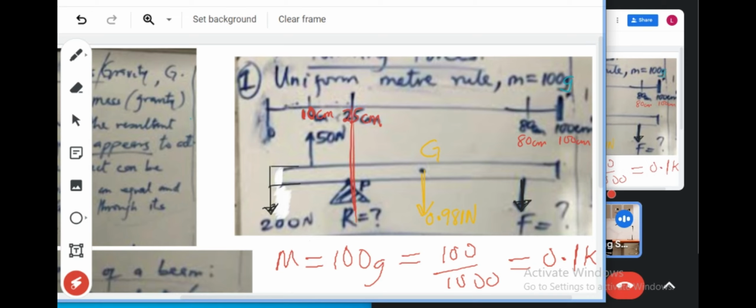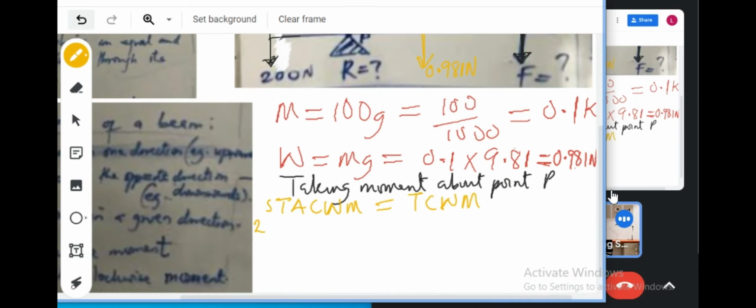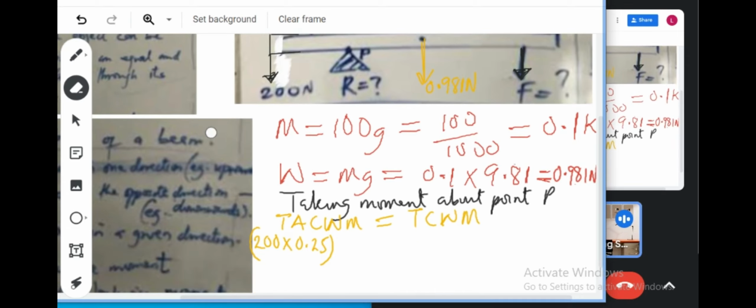Remember the pivot, and you have to use SI units, so change the centimeters to meters. I'm going to write 200 for the force times 0.25. That is the moment for the 200 Newton force, and it is anti-clockwise. That's why I'm writing it on the anti-clockwise side.